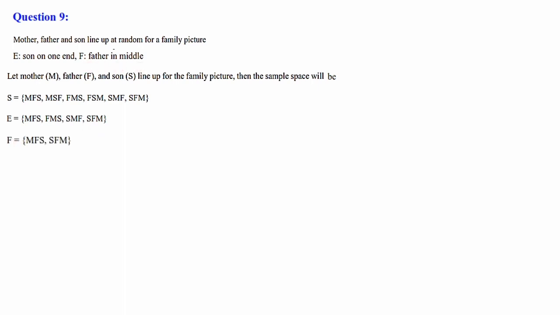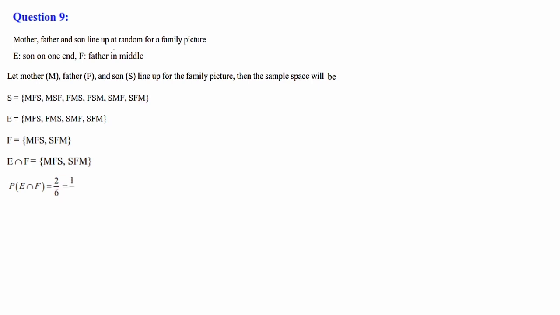Father in the middle means MFS we can take, and the last one SFM also has father in the middle. Then E intersection F: if you check, MFS is common and SFM is also in common. So two elements, MFS and SFM. So P of E intersection F is equal to, there are two elements in E intersection F and a total of 6 elements in the sample space.